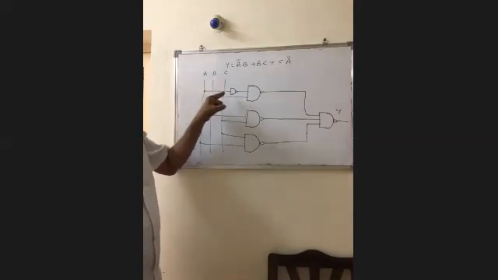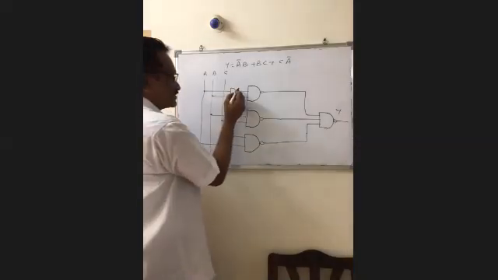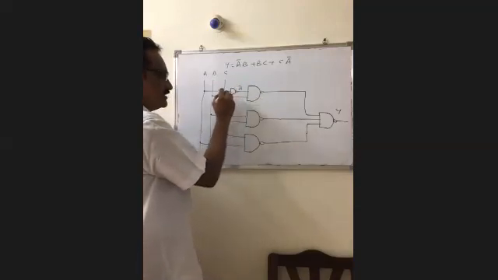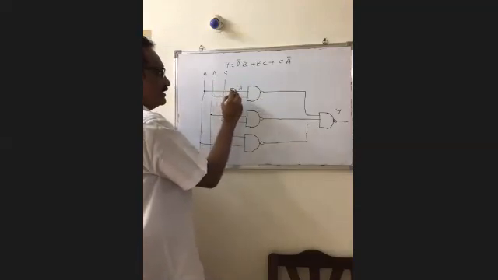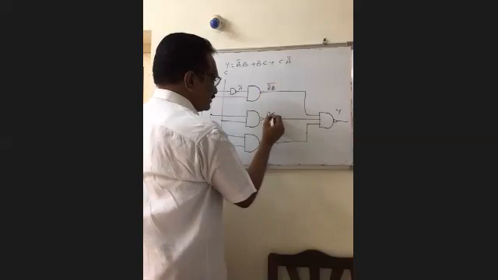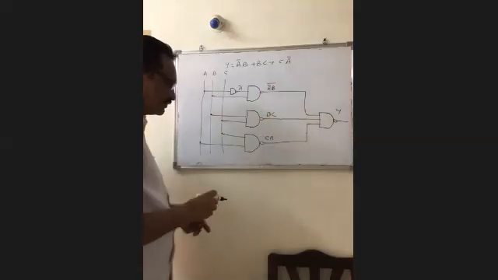Both inputs are shorted. It acts as a NOT gate. So what is the output of this single NAND gate? A bar. What is the output of this one? A bar B whole bar. Output of this one? BC. Output of this one?